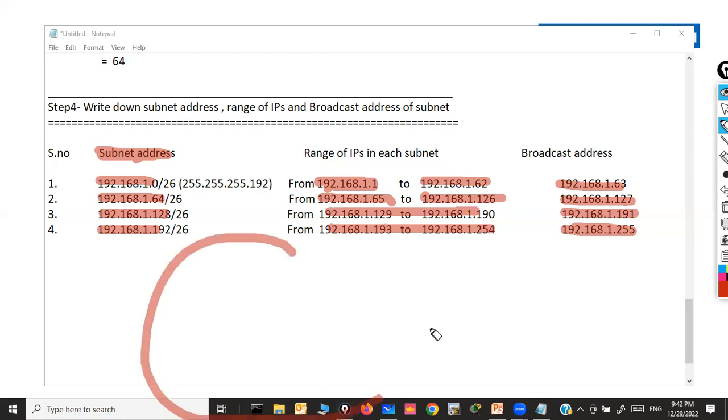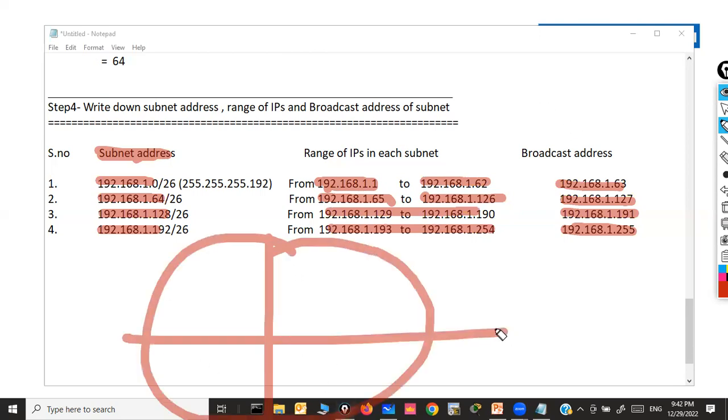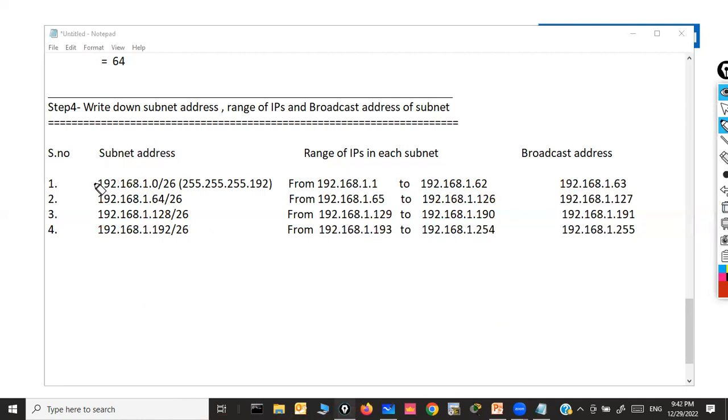So basically, a network is divided into four subnets, with 62 valid IPs in each subnet. The first and last address of each subnet cannot be used, they are reserved. So a total of 8 addresses are reserved. Why 8? Because 1, 2, 3, 4, the first and last address of each subnet.